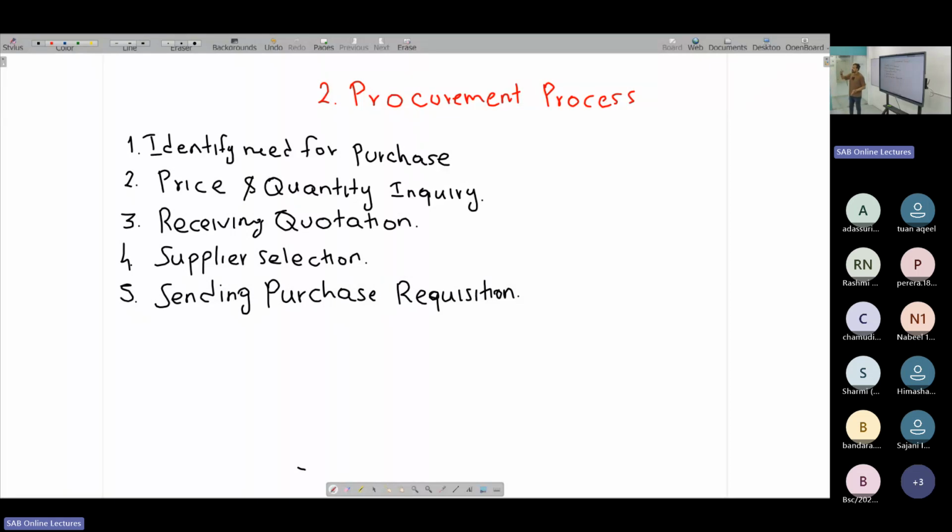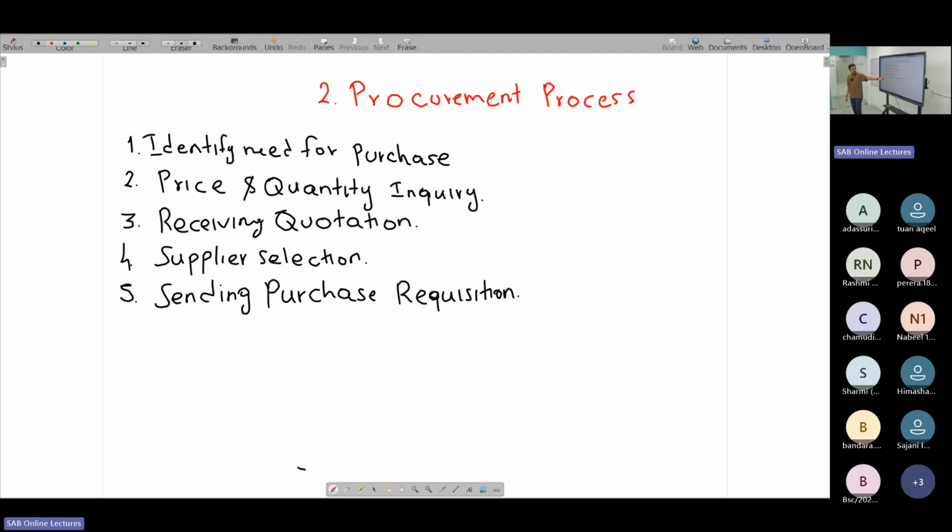Now internally, the store department should send a purchase requisition to the purchasing department. The store department does not purchase items or deal directly with the supplier. Only the purchasing department deals with the supplier.